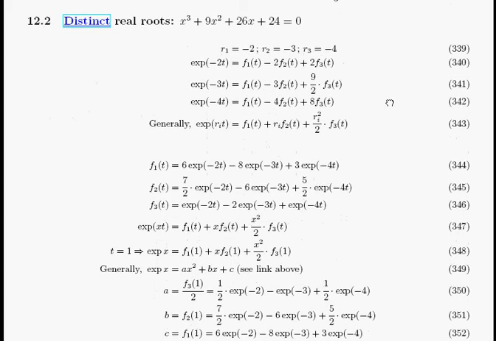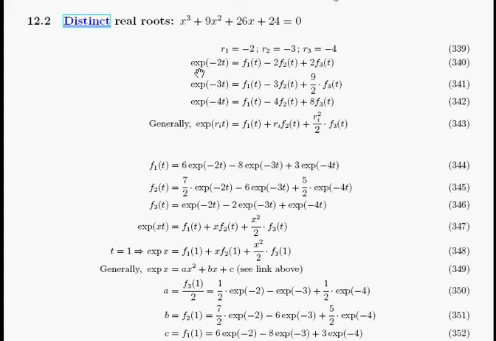Now, example of classifications. We have three roots: either they are all distinct, or they are all equal, or two are repeated and one not repeated, or they are two complexes and one real. We have 3 or 4 cases. First case, suppose R1 is minus 2, R2 is minus 3, R3 is minus 4.